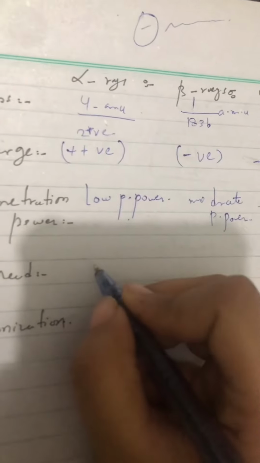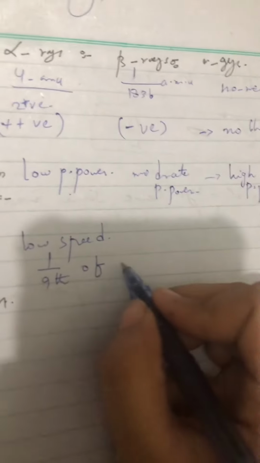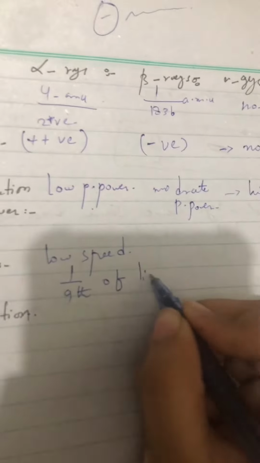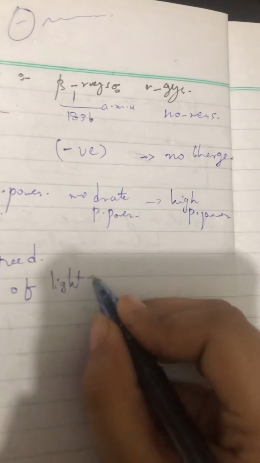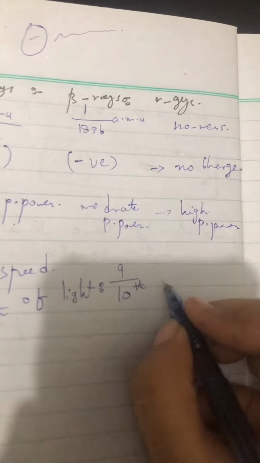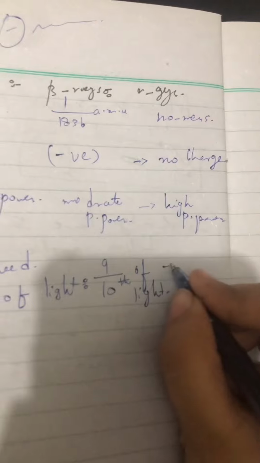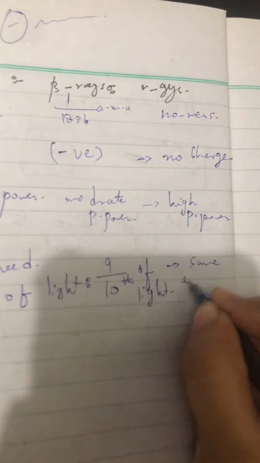After that, speed. Alpha has low speed, 1 upon 10th of the light speed. After that, beta has 9 upon 10th of the light speed, and gamma has the same as light because it has no mass, no charge.